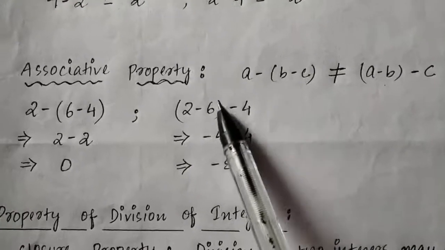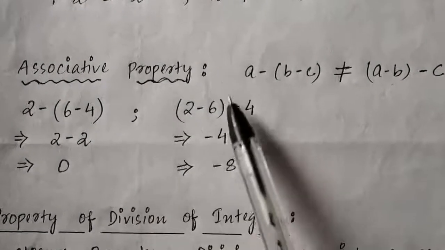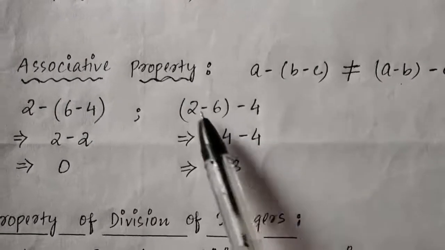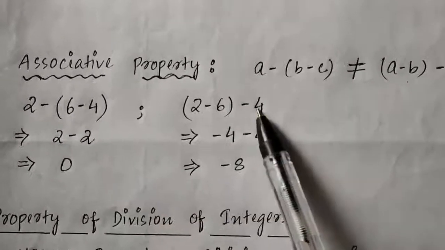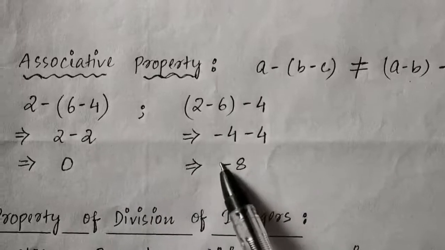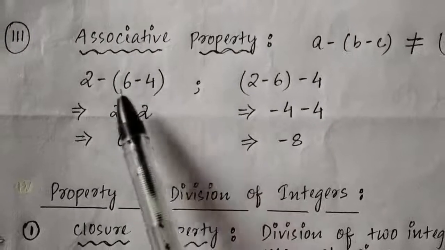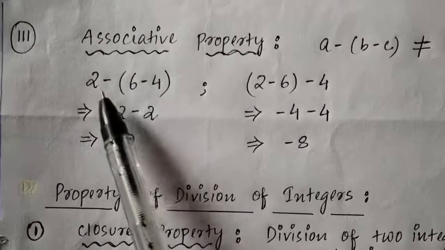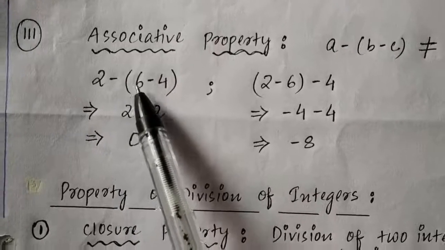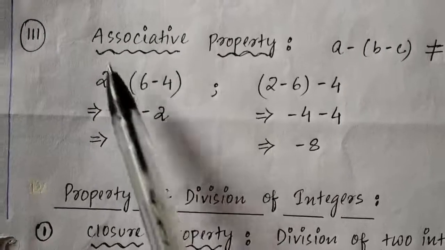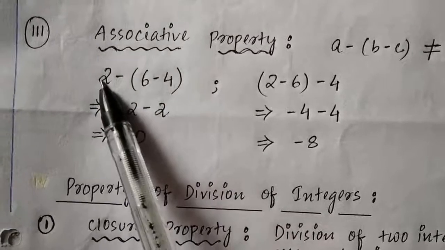Now when I group the first two, that is 2 and 6, I subtract them first. So 2 minus 6, I get minus 4, and then the 4 outside is subtracted, so in this case I get minus 8. It is quite clear that whenever I change the grouping, that is the steps of subtraction, the result changes. In the first case I subtracted 6 minus 4, then subtracted from 2, and got 0.